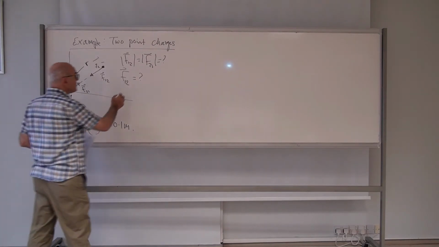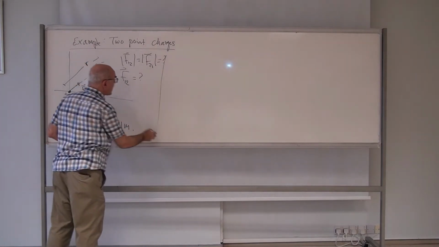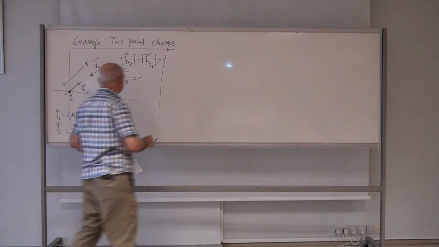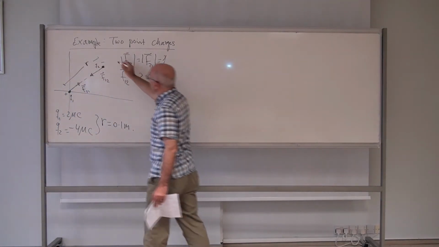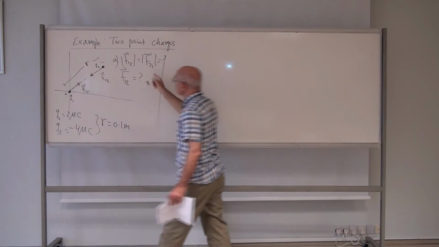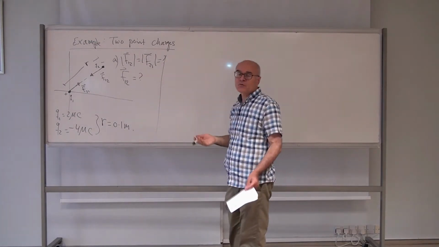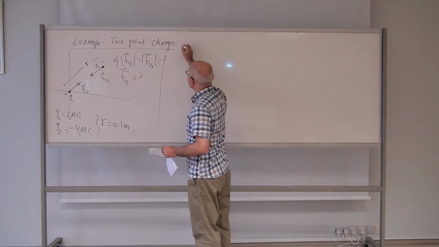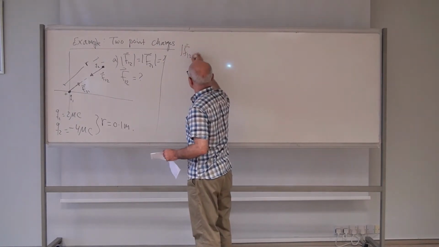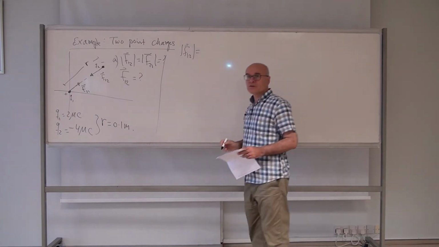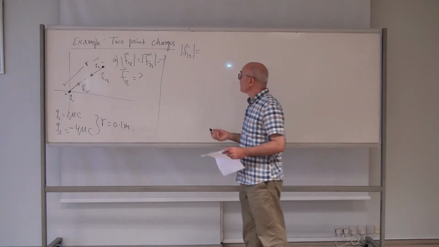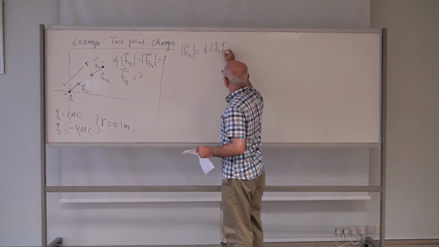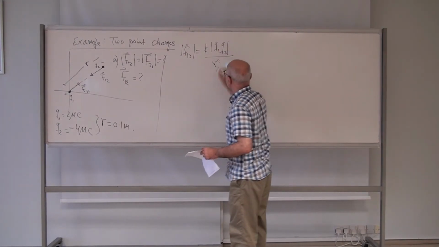Now, we move to calculate the quantities that we want to calculate. The first thing that we need to calculate is A, the magnitude of F12, which is equal to the magnitude of F21, of course. In this case, you apply Coulomb's law and use the formula for the magnitude: F12 is K Q1 Q2 over R squared.